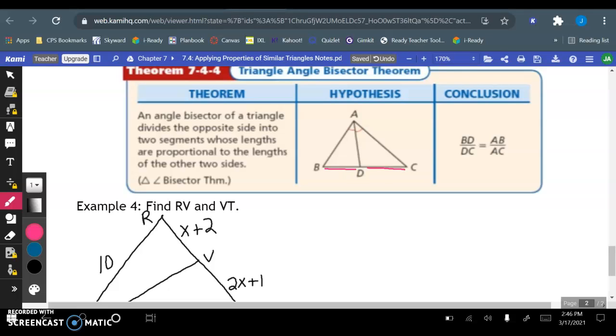And those will be proportional to the side lengths, so AB and AC. So as you can look here, BD over DC, so the two pieces at the bottom make one ratio, and then your two sides here make the other ratio.